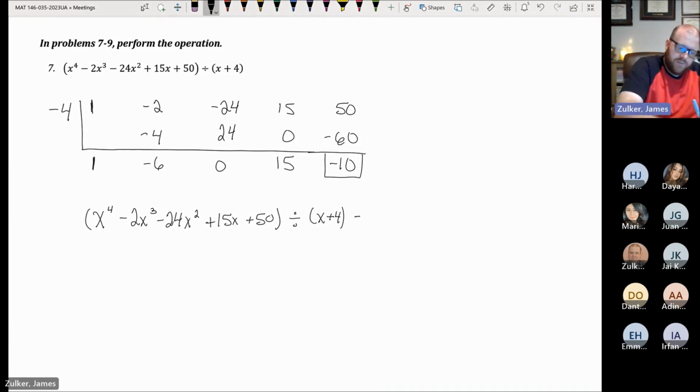Actually, I might have enough room. We have x cubed minus 6x squared plus 15 minus 10 over x plus 4.